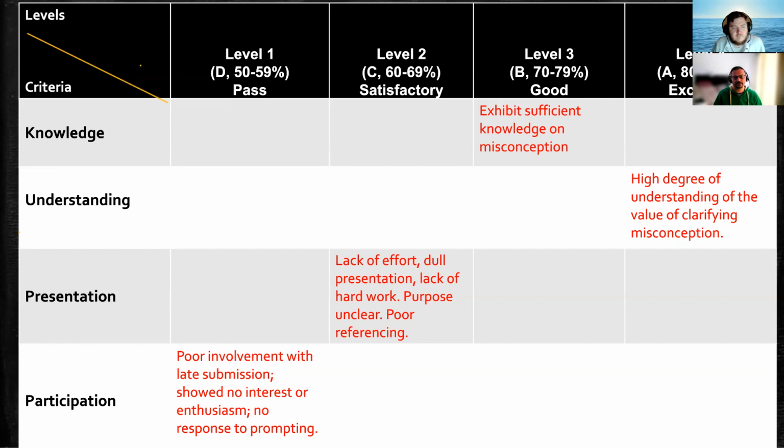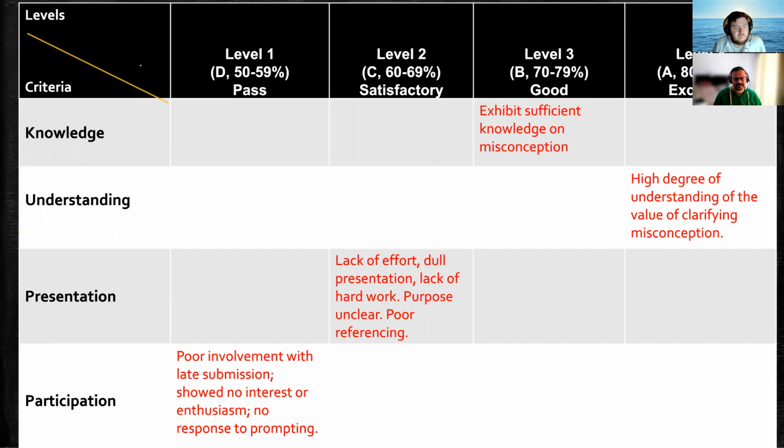For knowledge, if we are assessing your knowledge level, if somebody exhibits sufficient knowledge on the misconception through their project work, they get a straight away B, which is around 70 to 79%. If somebody shows a high degree of understanding and clarifies the misconception in a way which is understandable to others, that shows a deep understanding and straight away gives you an A grade.